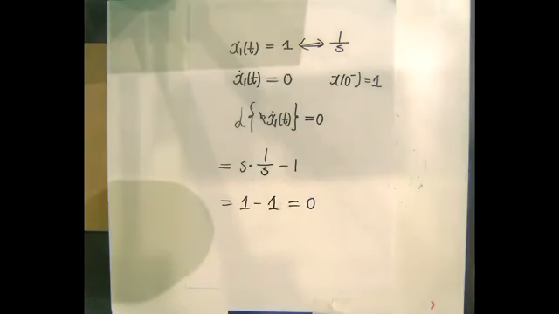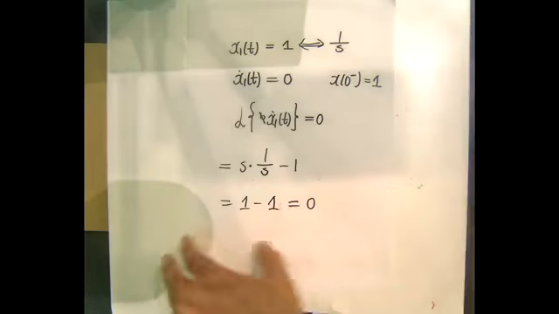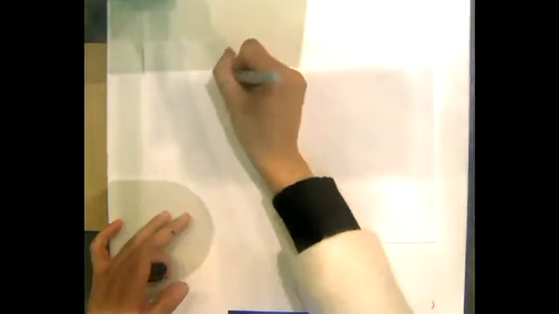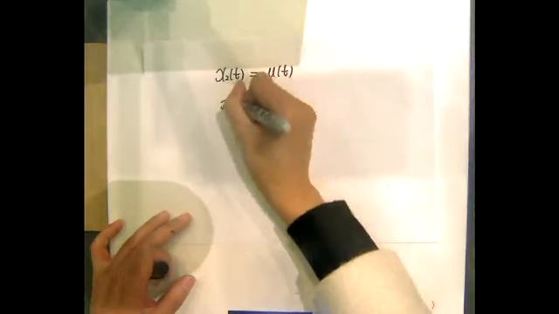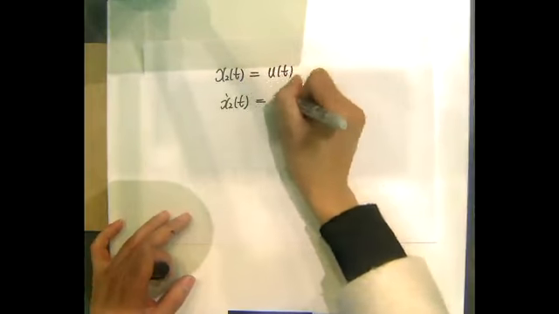Okay? Now, let's look at x2. So if I'm looking at my x2(t) is my u(t), and my x2 dot t is my impulse response. Okay?